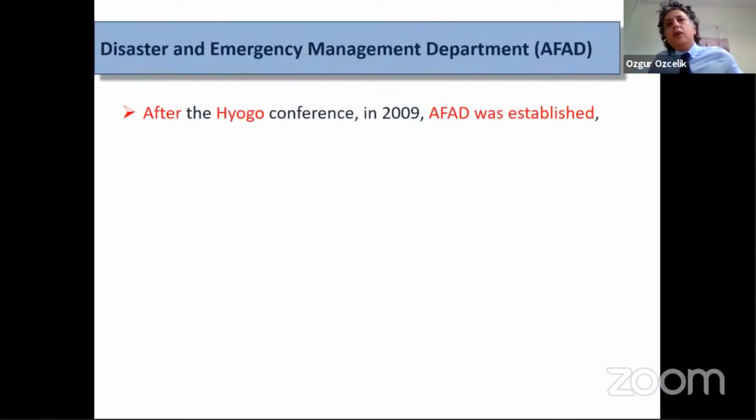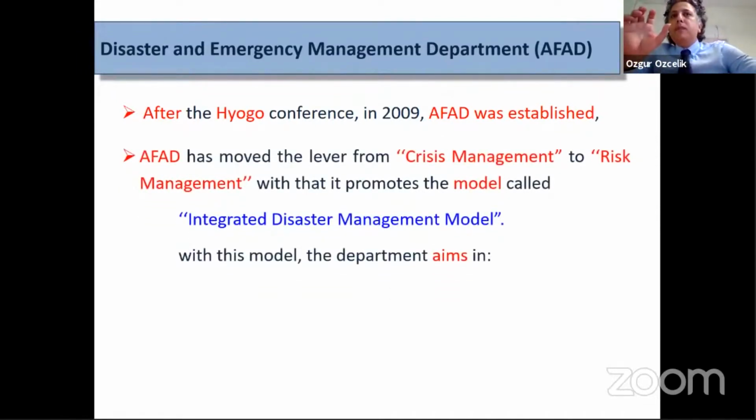So after the Hyogo conference in 2009, Afad was established. Afad is the Disaster and Emergency Management Department of Turkey. This was an important step for us, for Turkey, because Afad has moved the lever from crisis management to risk management.